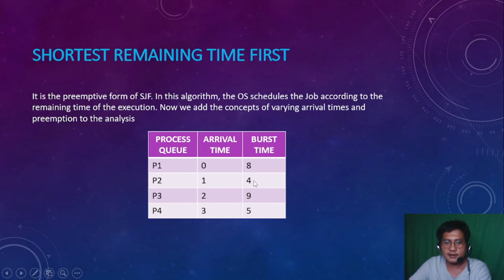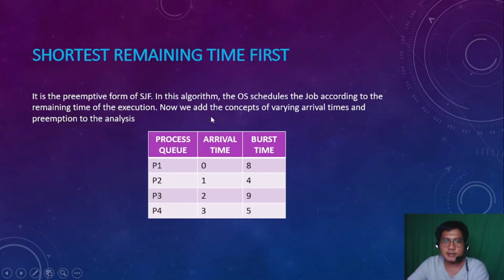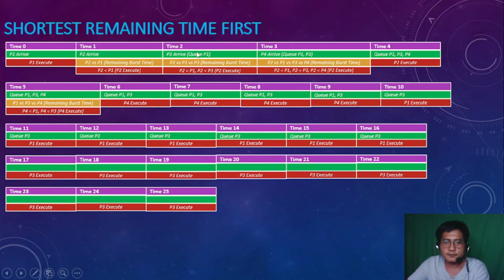So, 7 and 3, compared to the burst time of process 3, which is 9. Still, process 2 will get its execution in the central processing unit since it has the shortest remaining burst time compared to process 1, which has 7, and process 3, which has 9.